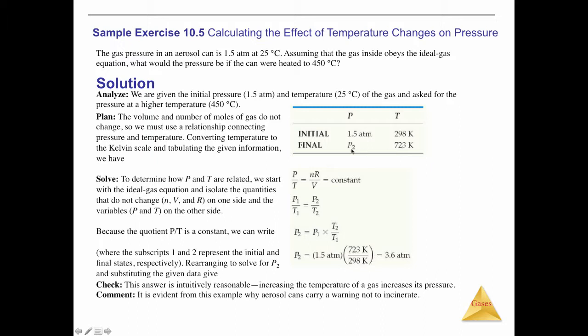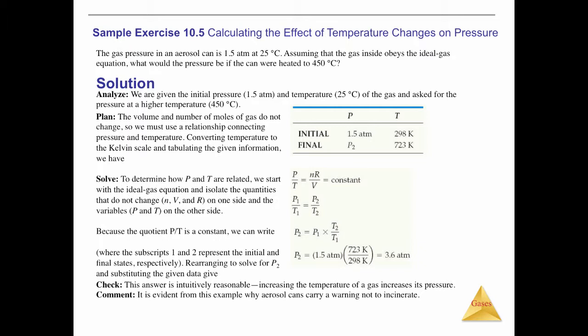So we can use P1 over T1 equals P2 over T2 to solve this problem. Or we could use the ideal gas law and plug in constant values for the volume. That would just cancel out.